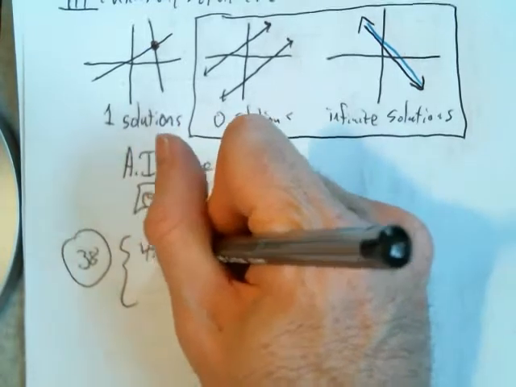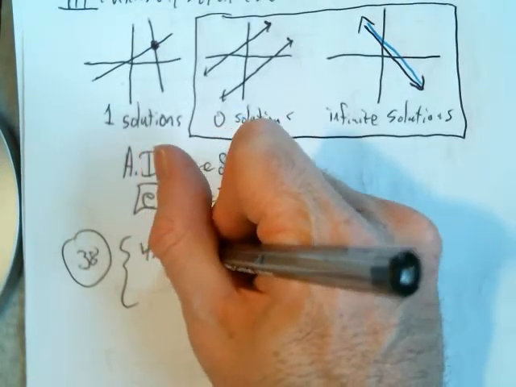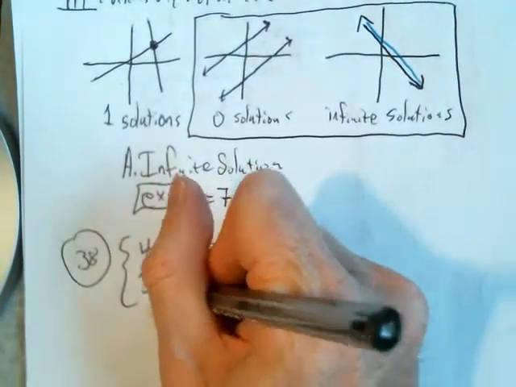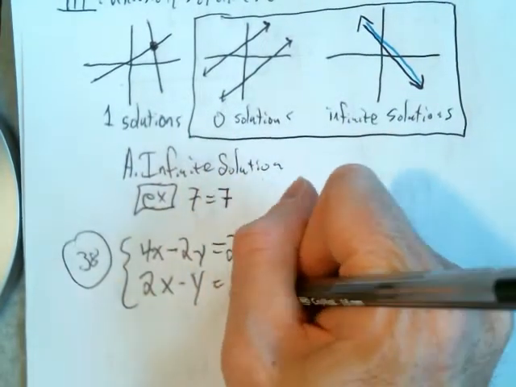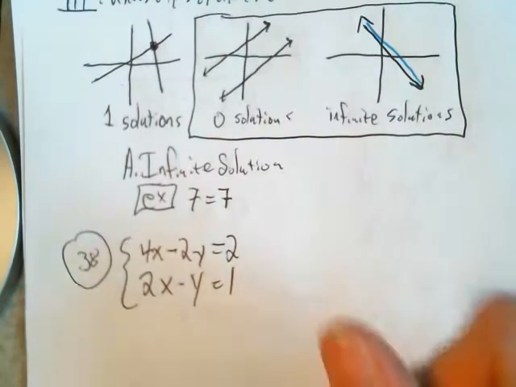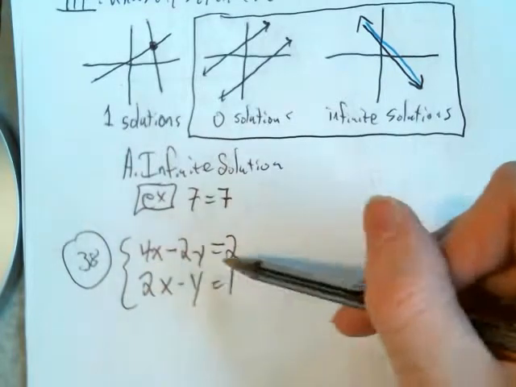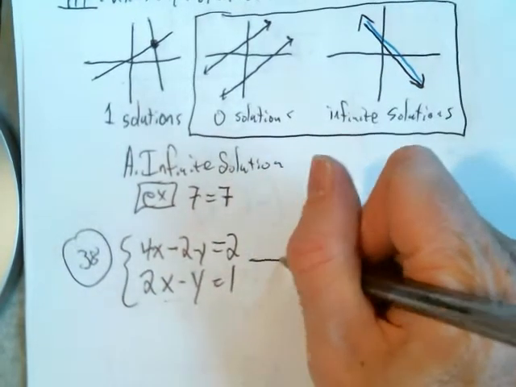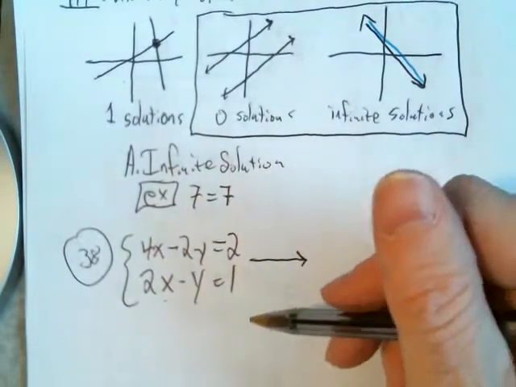Sometimes you can tell just by looking at the system, but sometimes you can't. If you study this in depth, you kind of see patterns evolving, like if you look at this equation and this equation is just a multiple of this equation. It seems like that's a good way to say, well, that means there's infinite solutions.